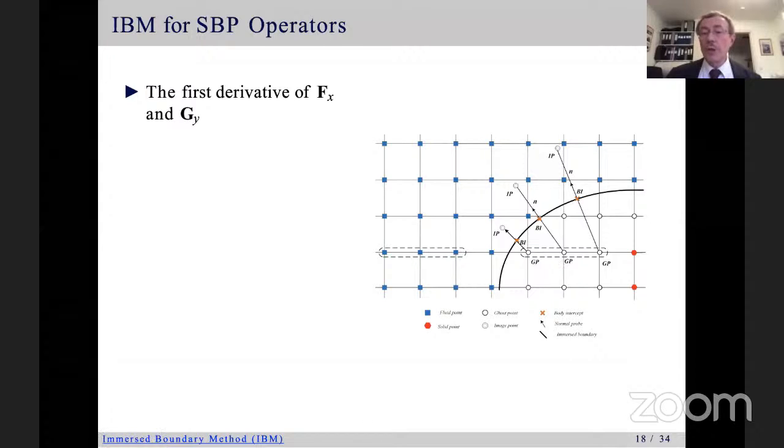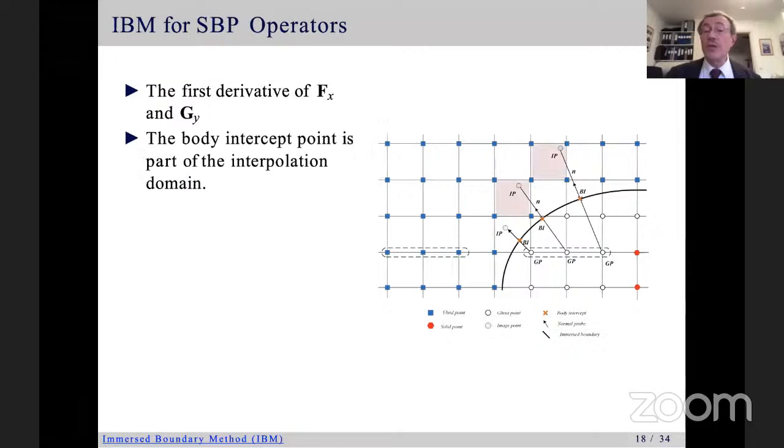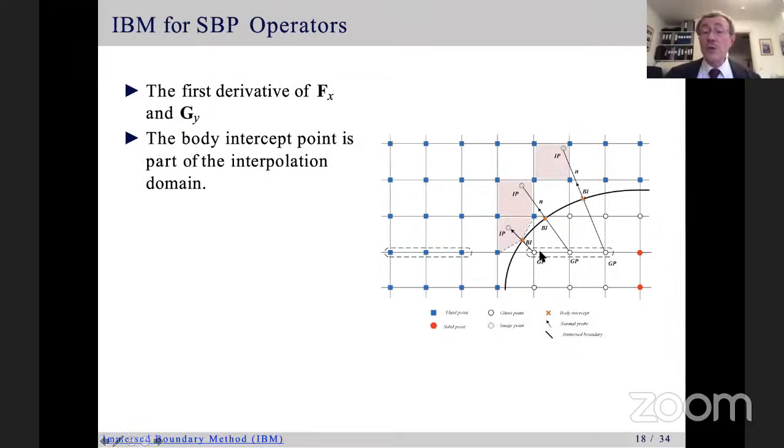We determine the normal through the ghost points, the body intercept, and then the image points, and then we do the interpolation to determine the values at the image point. Here in this case, for the first ghost point, we have a technical difficulty because we don't have 4 fluid points surrounding it. We have only 3, but we can use the boundary condition at the body intercept to get us the 4th condition to be able to interpolate the values at the image point.